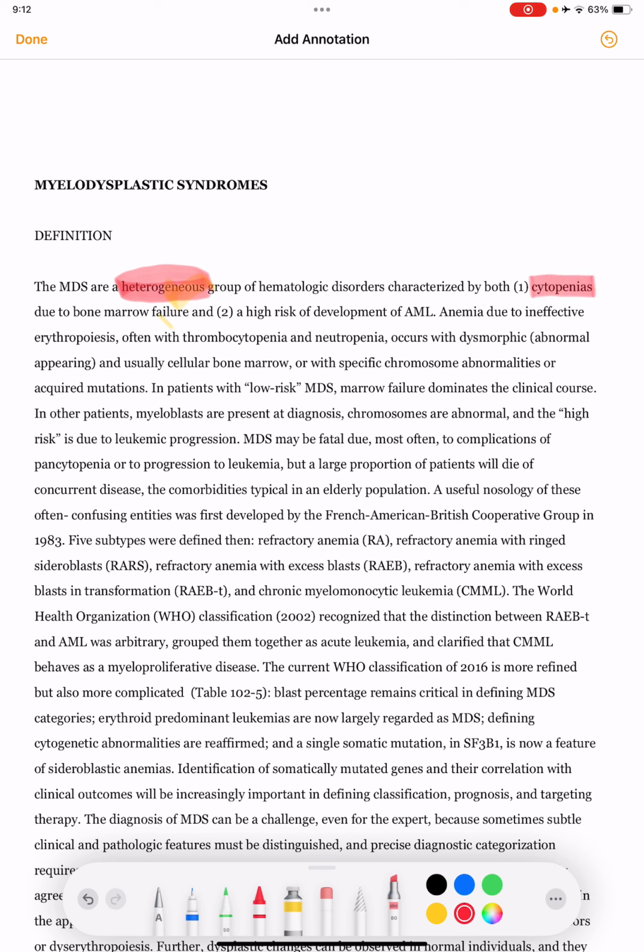Why cytopenias? Because of bone marrow failure, and there is a high risk of development of acute myeloid leukemia. So in myelodysplastic syndrome, there is a high risk of development of AML and cytopenias.